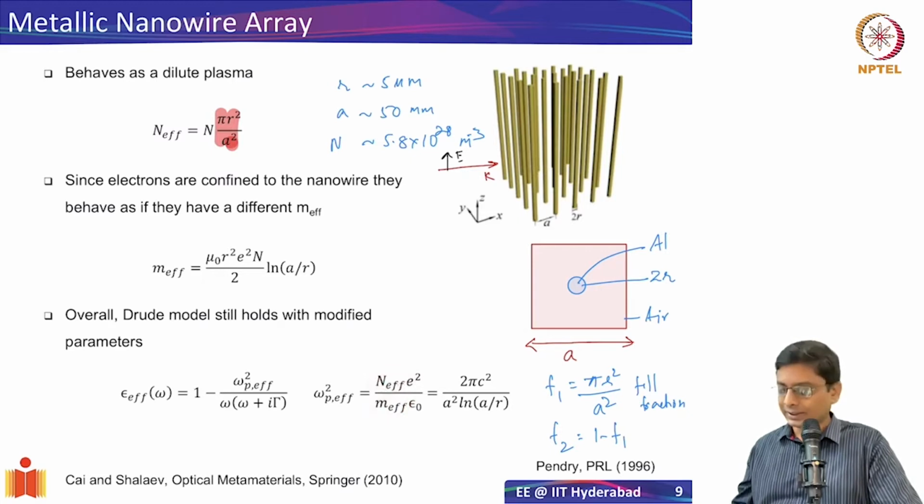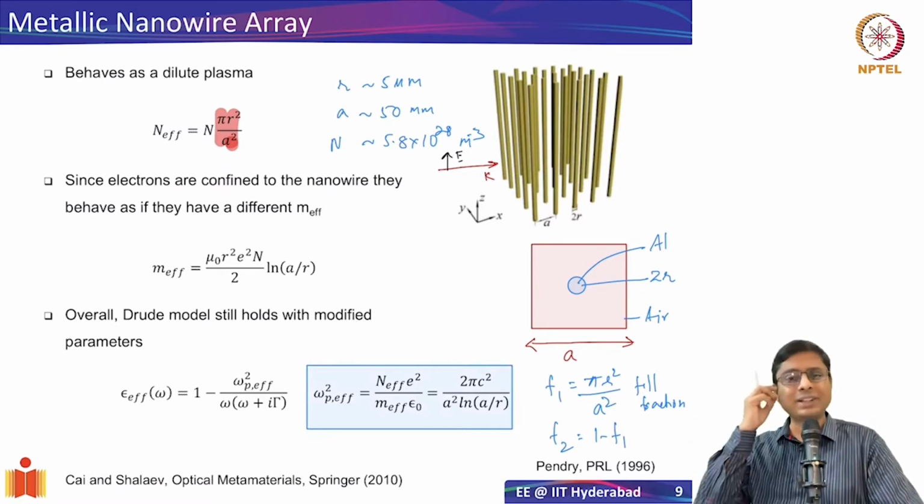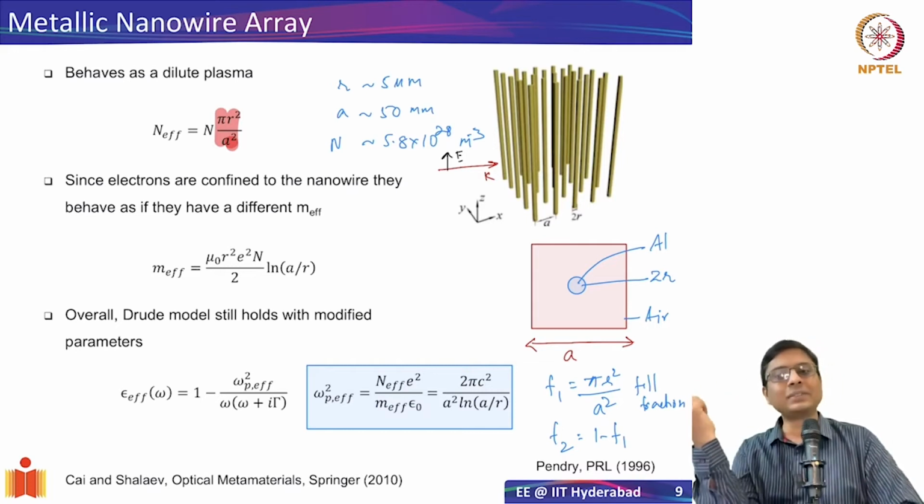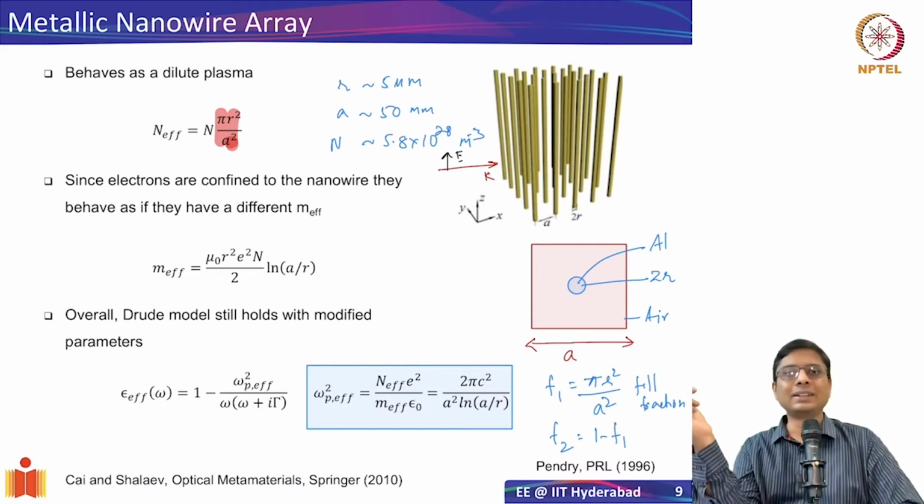It turns out that this is the expression we get for the effective plasma frequency. So we can compute it. Let's say you are given a metal with a certain carrier density; I'll give an example so that you can see the impact. If you take, let's say, a piece of silver directly, the plasma frequency is going to be something like 3 or 4 eV or so, right? We have calculated it in the first, second and third weeks.